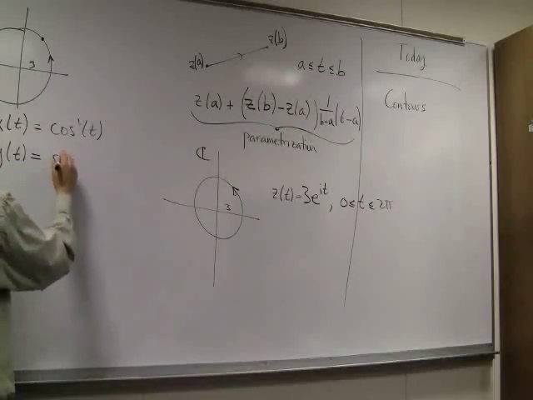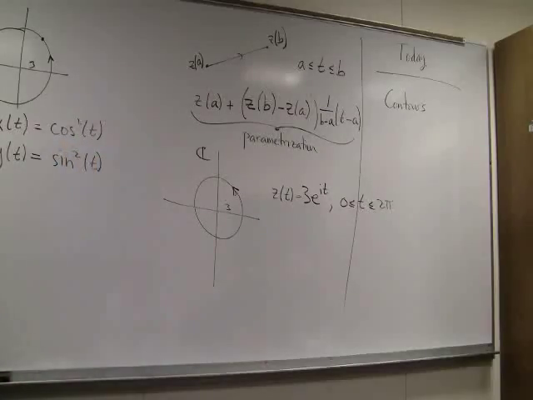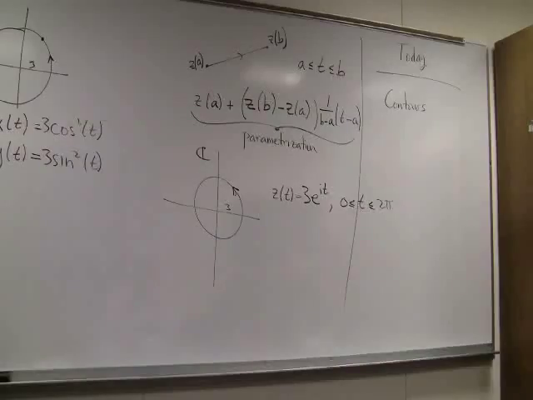Okay. Now, is there anything missing? 3. 3, right? There's the radius. Fine. Is there anything superfluous? Actually, it's worse than superfluous. That shouldn't be here.